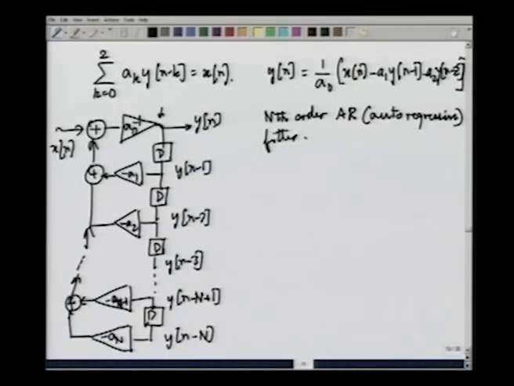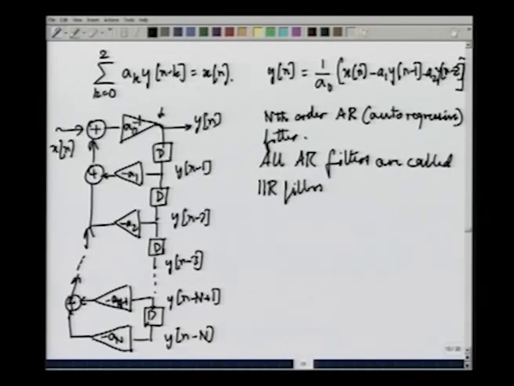So, these filters are called IIR filters. All AR filters are called IIR filters because their impulse response goes on forever.